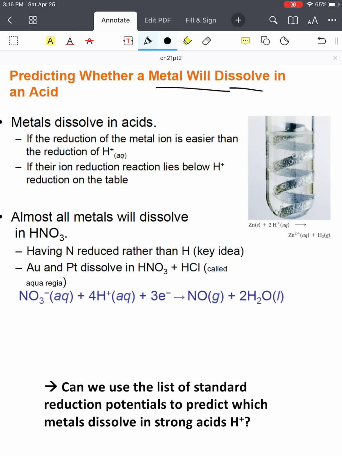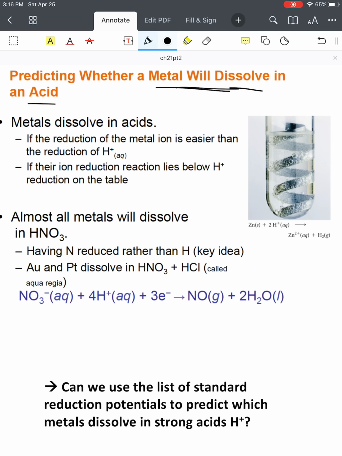Predicting whether or not a metal will dissolve in an acid. So it's a very specific type of reaction. But nonetheless, this concept can be extended to more or less any pair of redox substances that are listed on your table. So certain metals will dissolve in acids, and other metals will not.